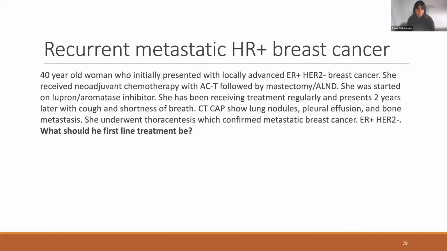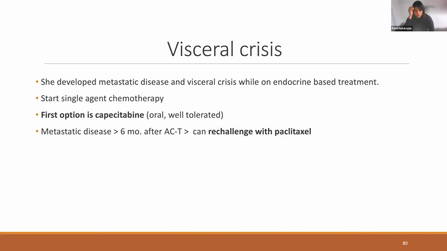What should the first line treatment be? So this is a clear example of visceral crisis while on endocrine-based treatment. So because she's in visceral crisis, we would start single agent chemotherapy. And generally, I think it would be reasonable to start with either taxane or capecitabine.